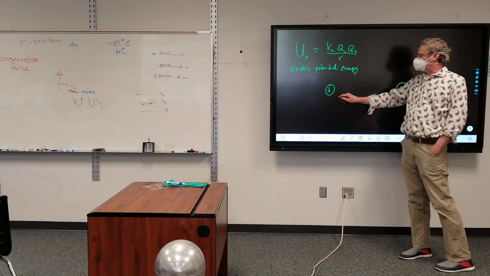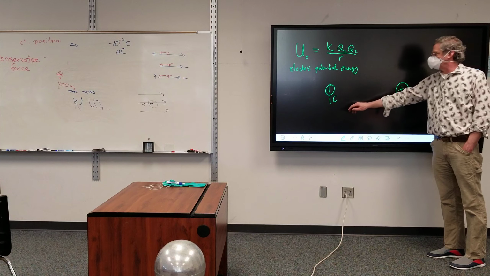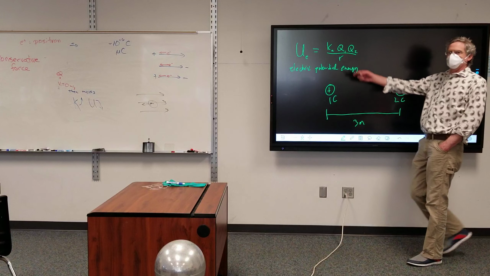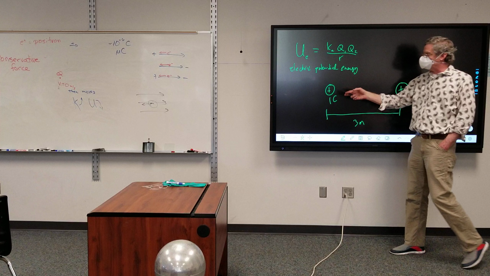So when we say 1 coulomb and 2 coulombs, and the distance between them is 3 meters, positive, right? Both sides are positive. Okay. k is a positive number. r is always a positive number. The only thing that could be negative are the charges, and I said they're both positive.